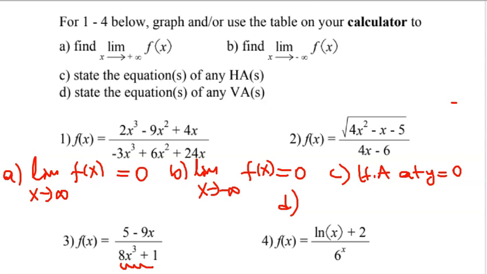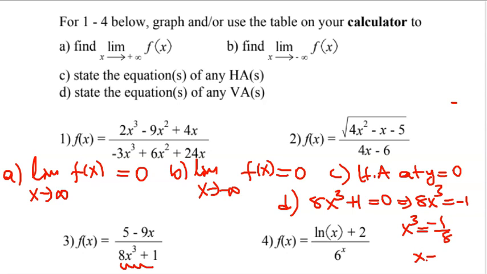How do we figure it out? By setting the denominator equal to 0. So 8x cubed plus 1 equals 0, so 8x cubed equals negative 1, and x cubed equals negative 1/8, and x is going to be equal to negative 1/2. So there is a vertical asymptote at x equals negative 1/2. And that's question 3.